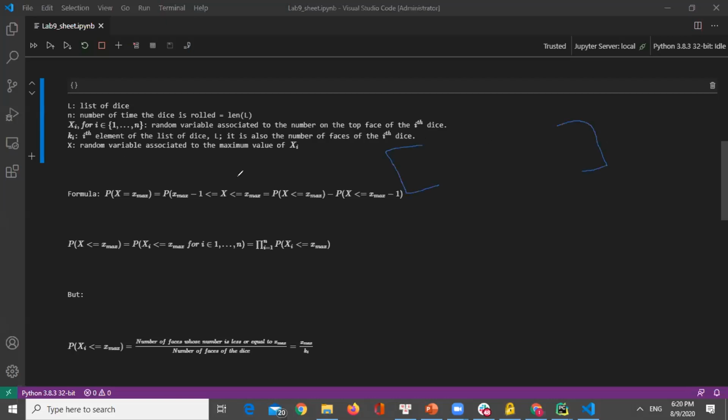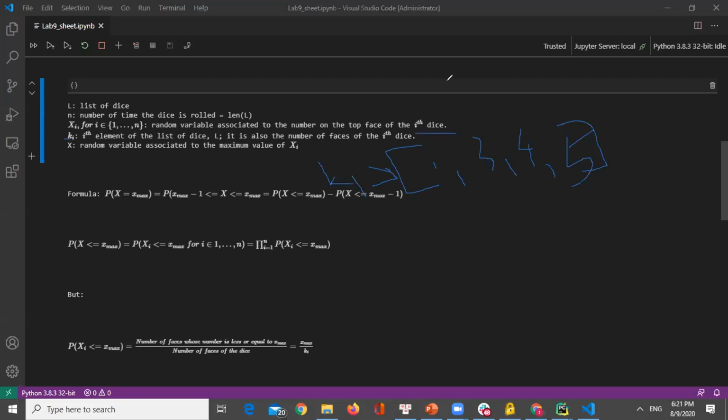So for example, if I have 4 dice and the first one I get 1, the second one I get 3, the third one I get 4, the fourth one I get like 5. So it will be my K1, right? No, it's not this K1. K1 is the number of faces of the i-th dice. Oh, okay.